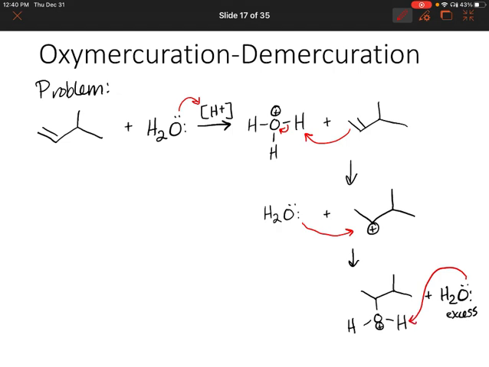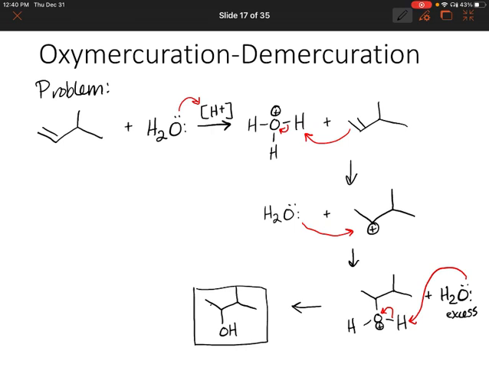Let's see, so take one of those hydrogens, get rid of the positive charge on oxygen. Okay. So let's say we're performing this reaction with the hopes of producing that product.